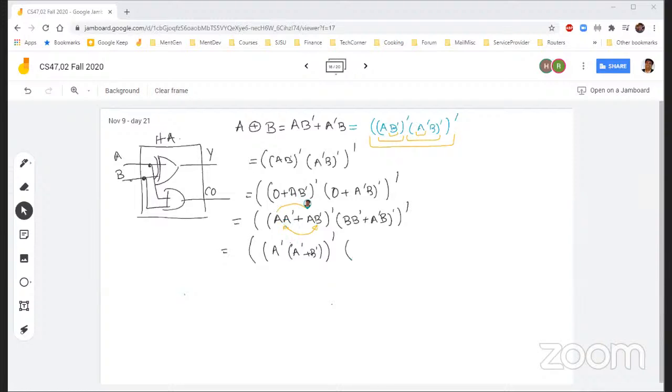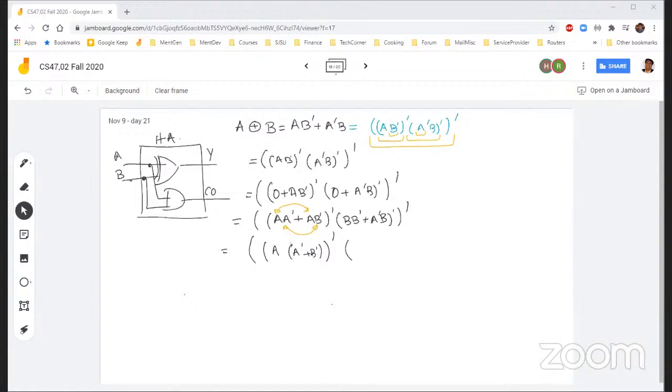In very layman's terms, taking the common term out of them, so it becomes... wait a minute. No, this is wrong. Yeah, this one. This is A. Take out A as common, and the rest of the term becomes A bar or B bar whole bar.